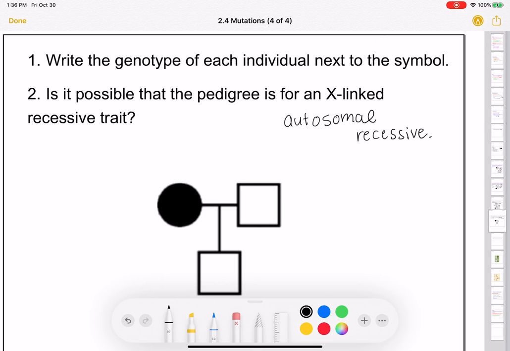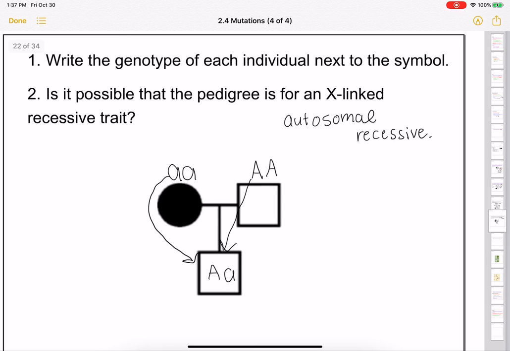So if it is autosomal recessive, let's put her as little a's, and this guy as, I don't know, he can be big A or big A little a. Regardless, the child will get one little a from the mom and a big A from the dad, and then he will not have the disease. So autosomal recessive, that's what this would be.